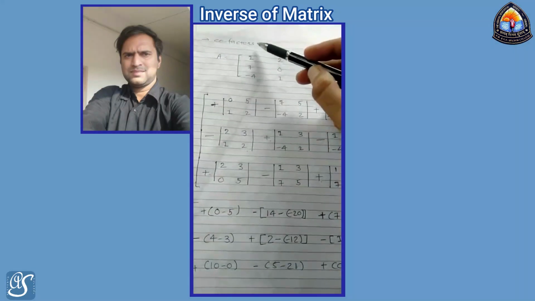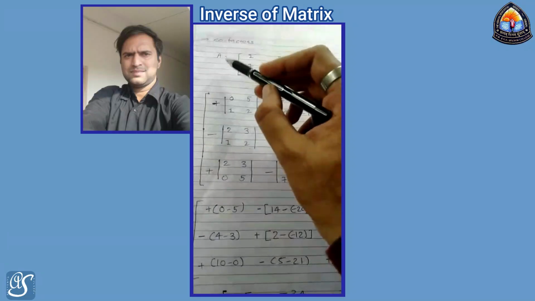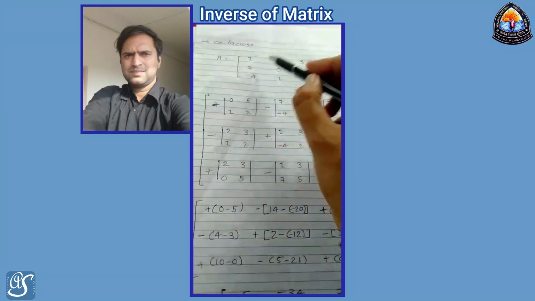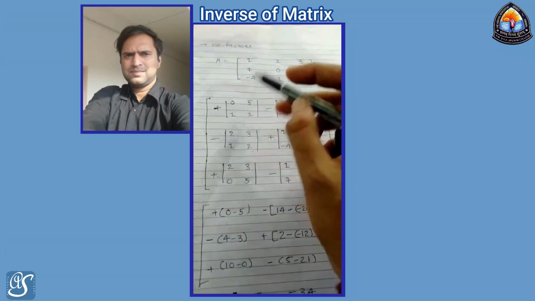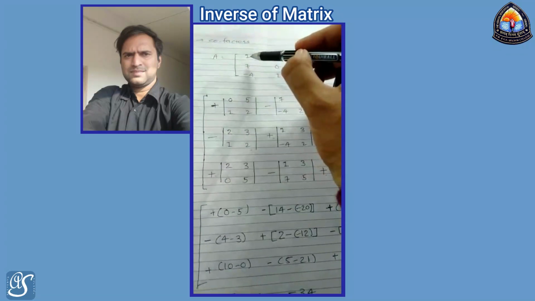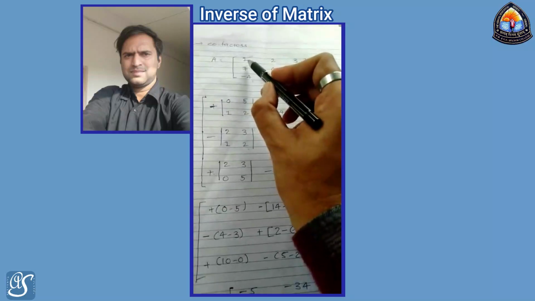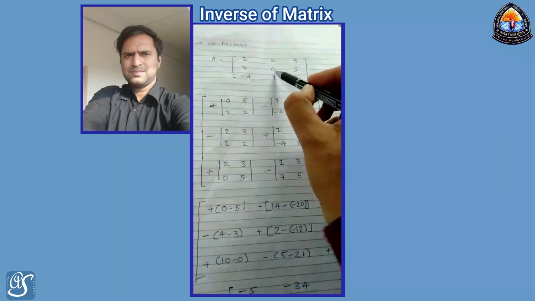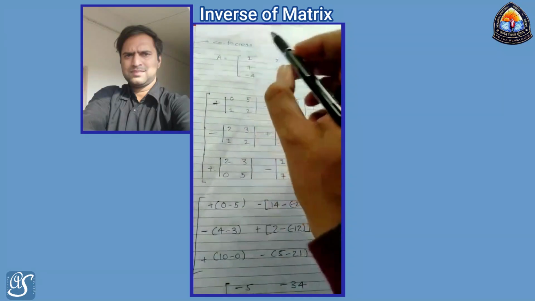Now the second step, cofactors. To find the cofactors, first write matrix A: 1 2 3, 7 0 5, -4 1 2. Now to find the cofactor, start from 1. Same method: hide the column and row which belong to 1. The remaining numbers are 0 1 5 2. So arrange here 0 1 5 2.